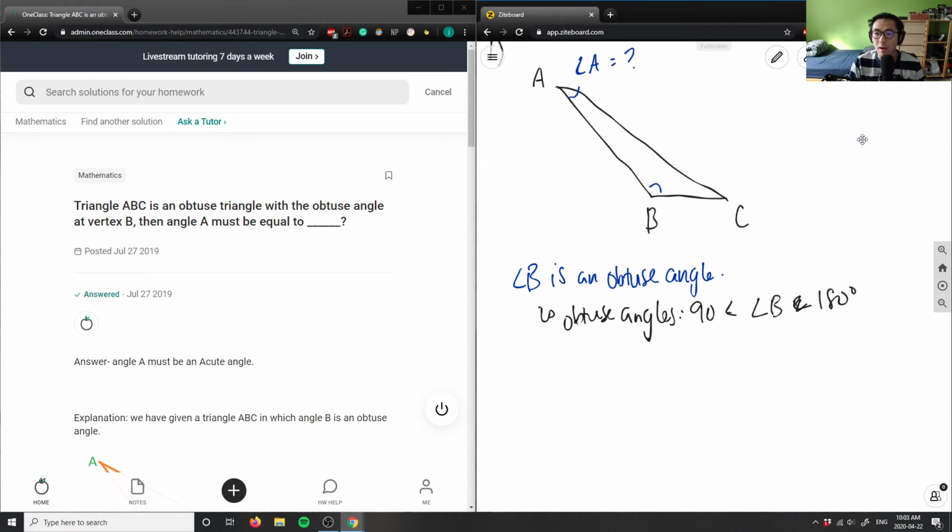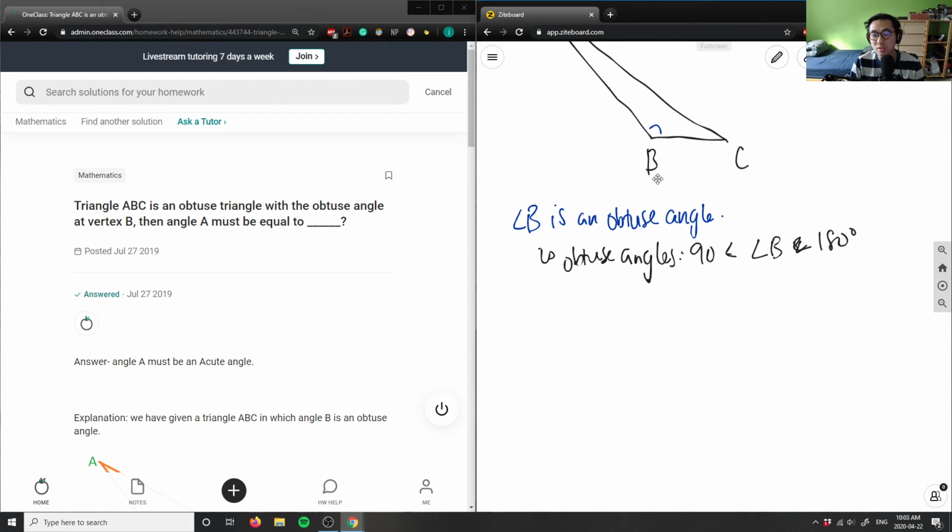Knowing that my obtuse angle lies between 90 and 180, recall the sum of interior angles in a triangle, which equals 180 degrees.